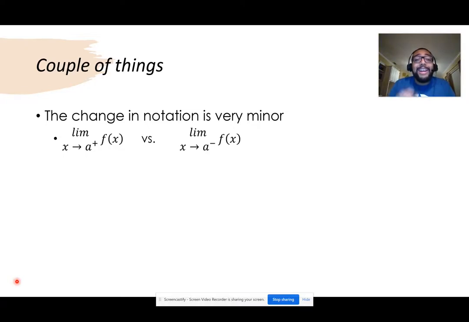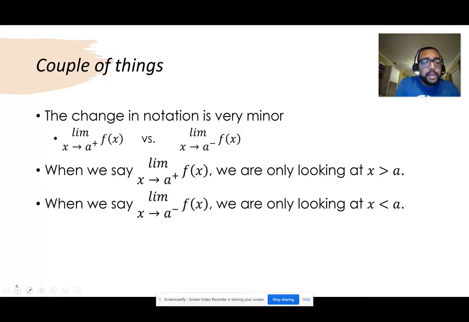It is so important to get that distinction down because your answer can be completely different. We'll look at a couple examples to show how it can be completely different. When I'm talking about the right-hand side, I'm looking at the values where x is greater than a. And when I'm saying left-hand side, I'm looking at the values of x being less than a.